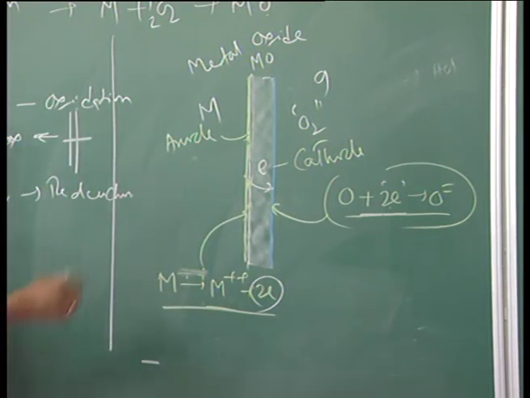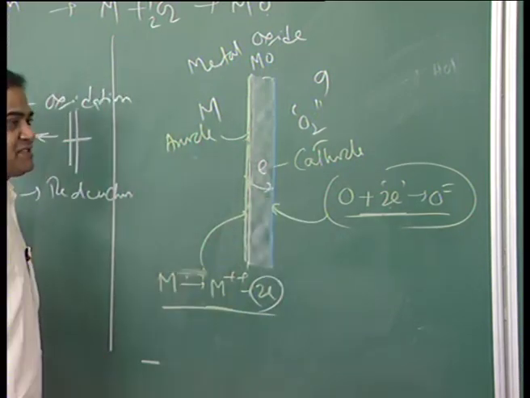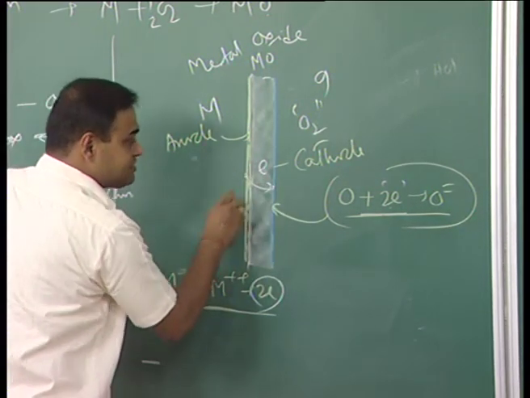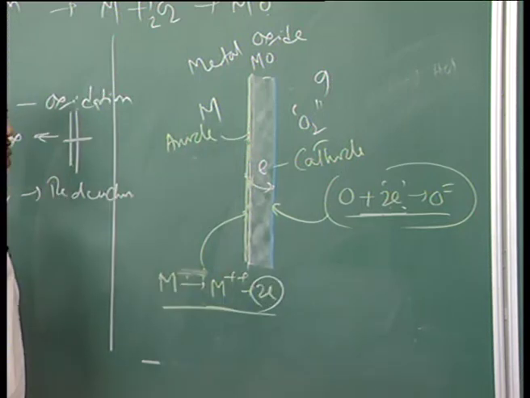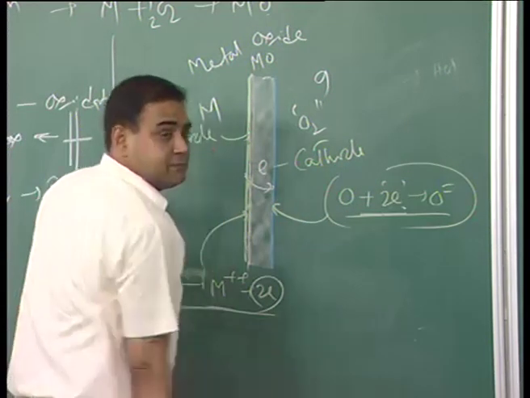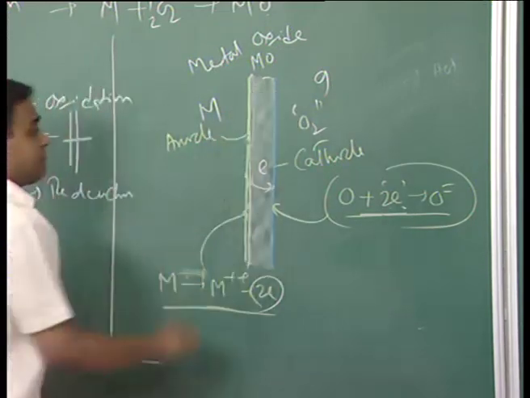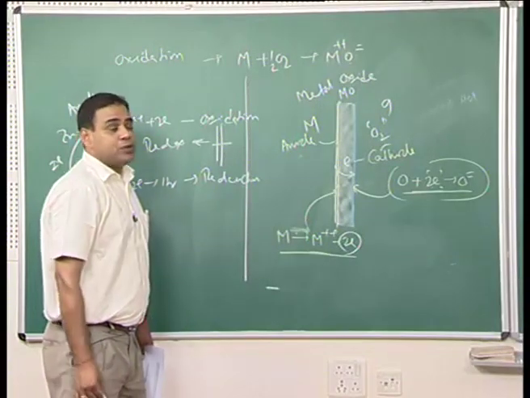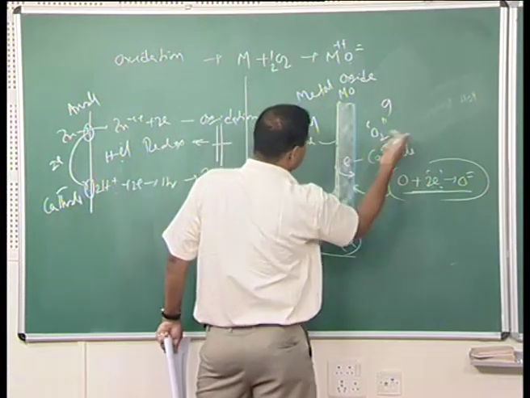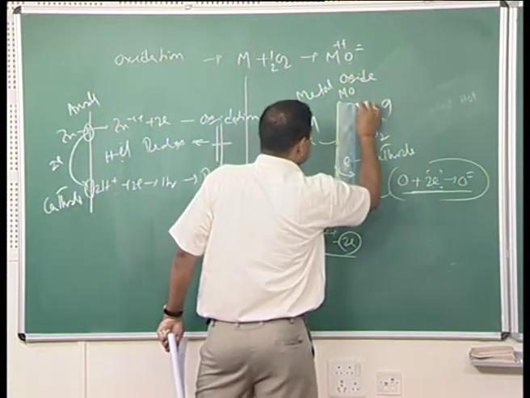Now electron is coming from this to this, and oxygen is consuming 2 electrons, forming the O2- ion. Now which surface do you think would grow? If you are constantly supplying oxygen, then constantly this surface would keep on growing.